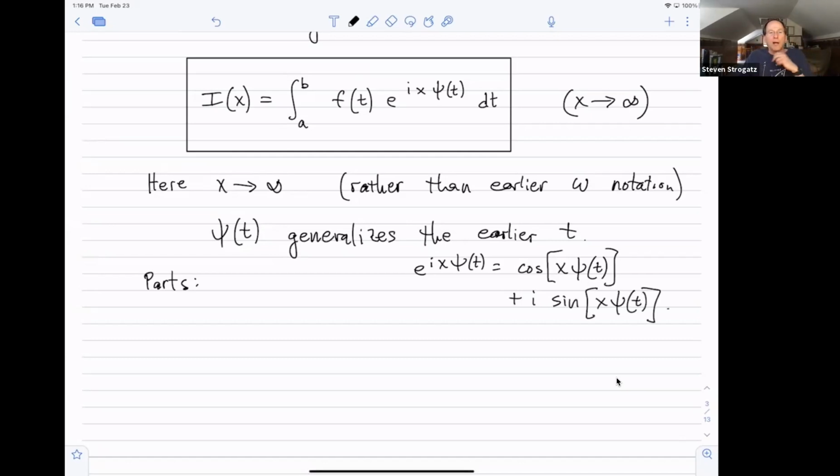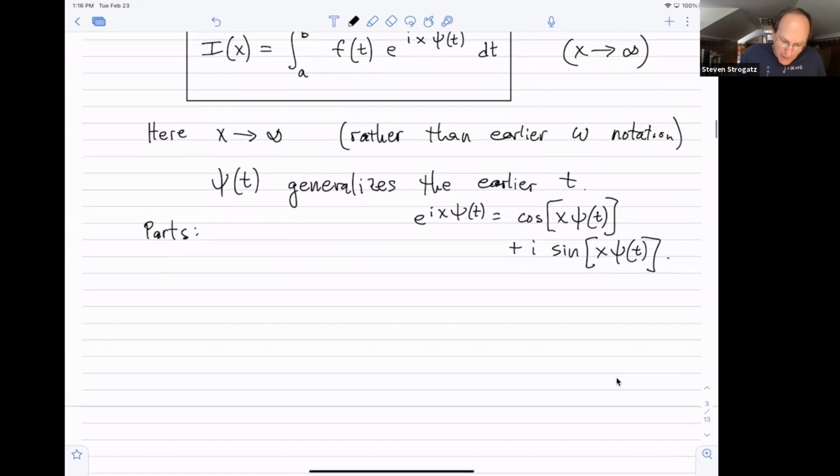So just to remind you that there is this oscillating function built in there through the e to the ix term. Okay, but anyway, so now let's try to estimate the integral. Let me move this down here.